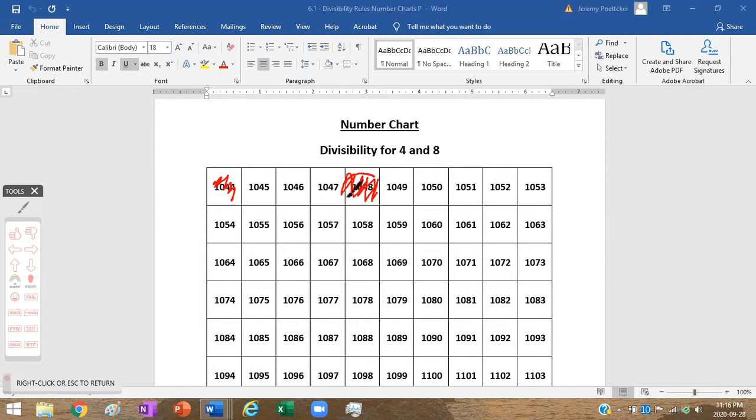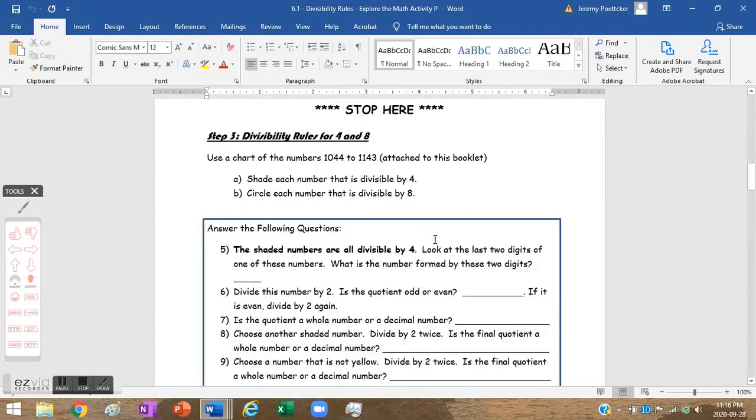I'm going to get a number that's divisible by 4. You can do that on a calculator. And divisible by 8. So I'm going to circle it. With that as a basis, you should be able to fill out the rest of this little chart. And then we've got some observations to make about these numbers.